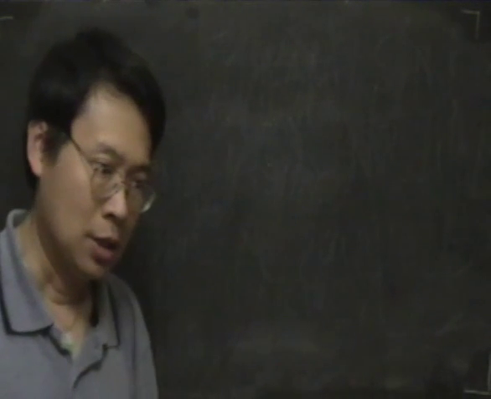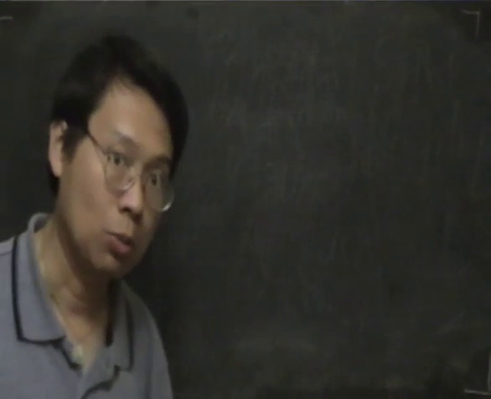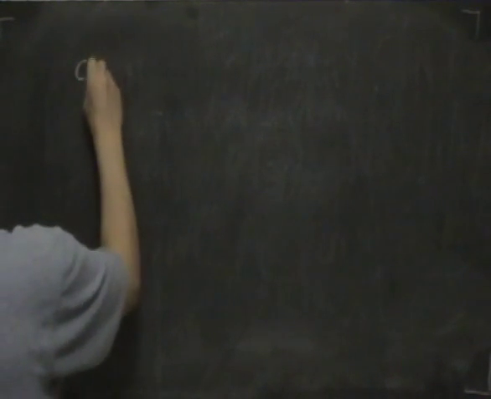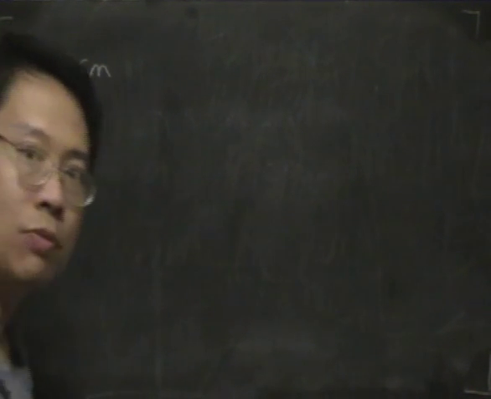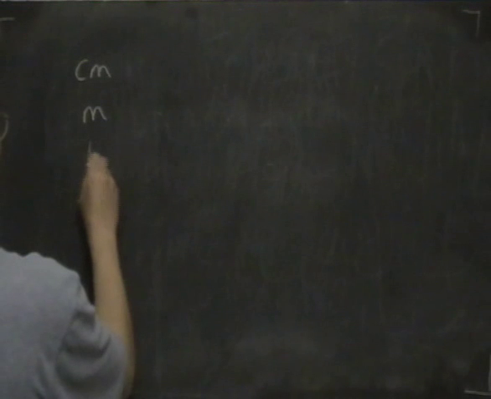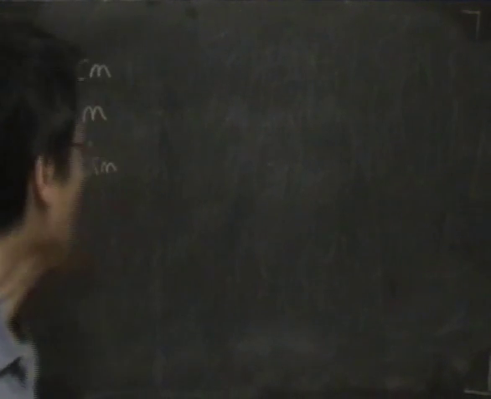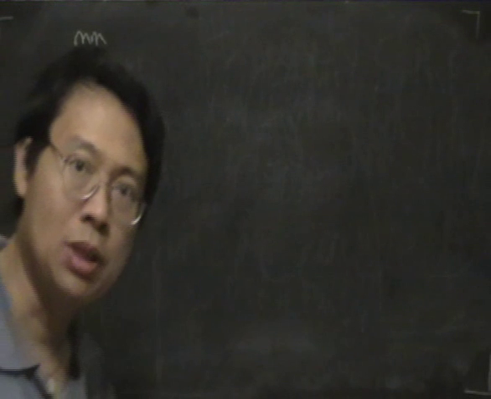So the units of length that we normally use are cm for centimeters, m for meters, km for kilometers, mm for millimeters.